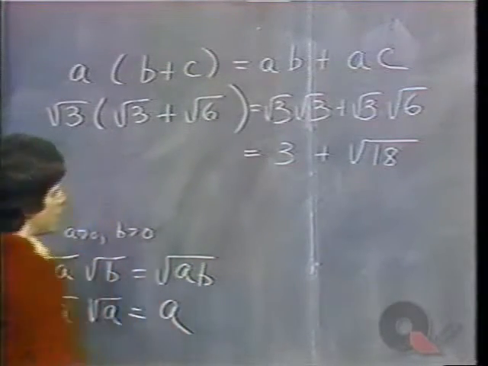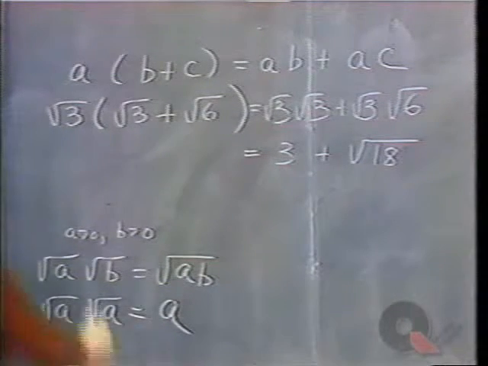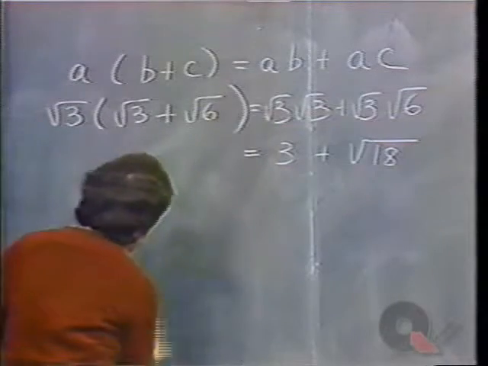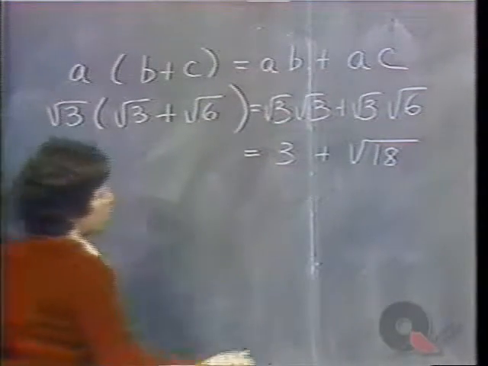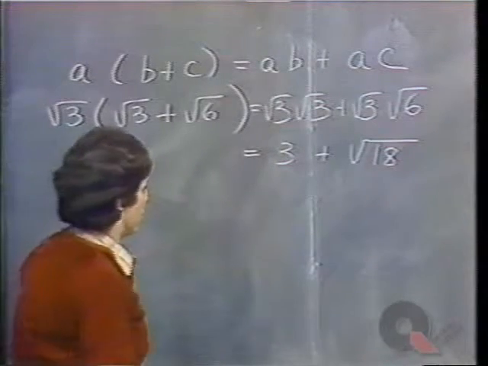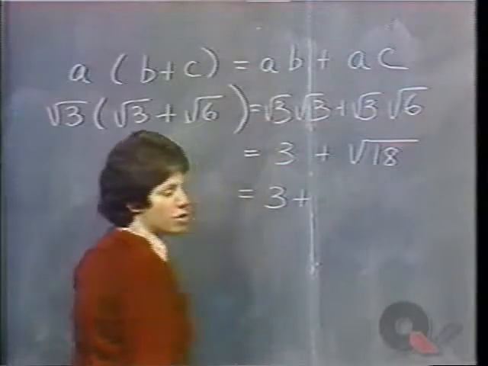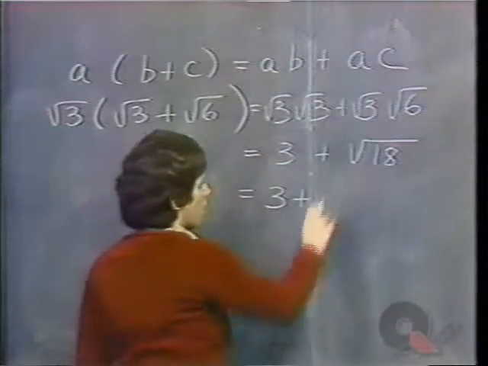Now we're not quite finished yet because we would like to leave our radical in simplest form. For a radical to be in simplest form, we try to pull as much as we can out from under the radical sign. And the trick is to look for, in this case, a perfect square factor of 18.